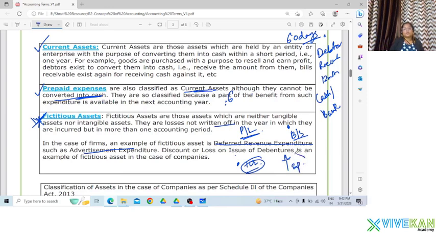So what is proposed here is that you consider this as a deferred revenue expenditure, meaning you amortize this expense over a period of time as and when you get the benefit of that advertisement. So this is called a deferred revenue expenditure, and it's a type of fictitious asset. It's not an actual asset, but we'll consider it as an asset in the balance sheet.